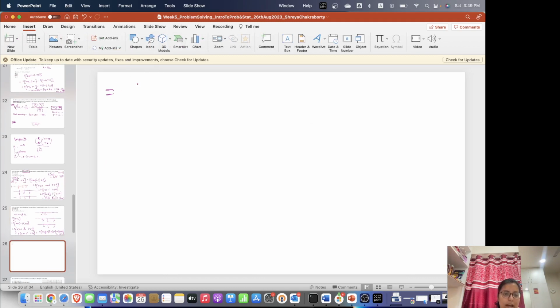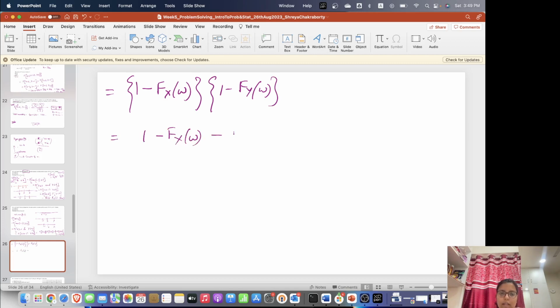So we can write that as (1 − F_X(w)) times (1 − F_Y(w)). This we can write as 1 − F_X(w) − F_Y(w) + F_X(w)F_Y(w). This is the probability that W is greater than w.